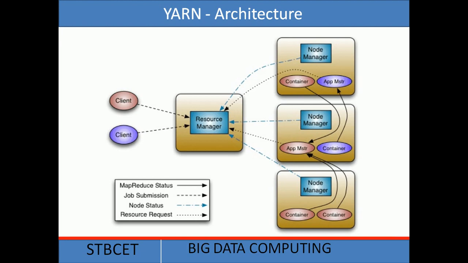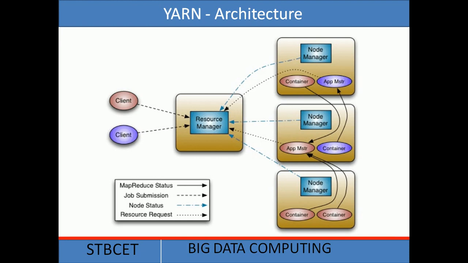Containers are nothing but all the resources of that node manager. So here, if sometimes data or environmental data is wanted by the node manager, it will communicate to the resource manager through the application master.